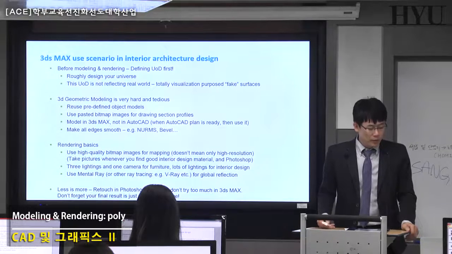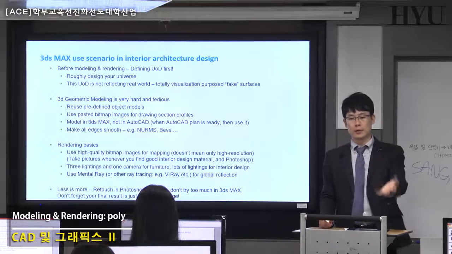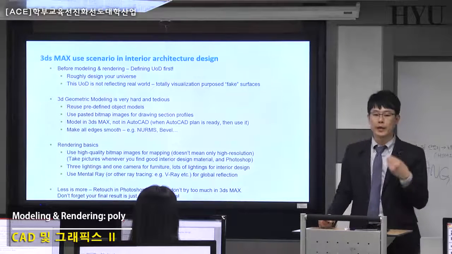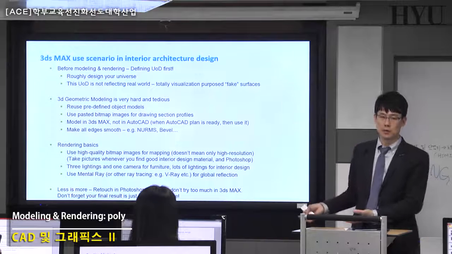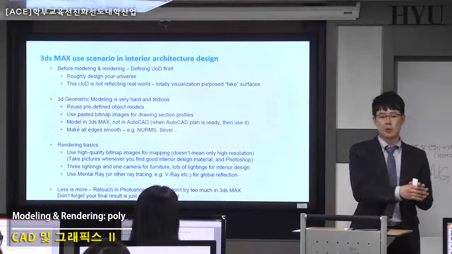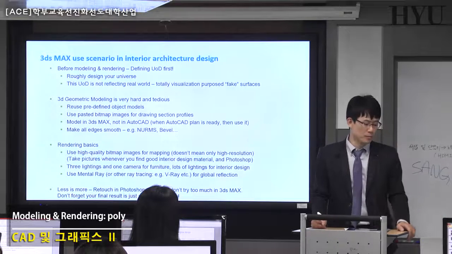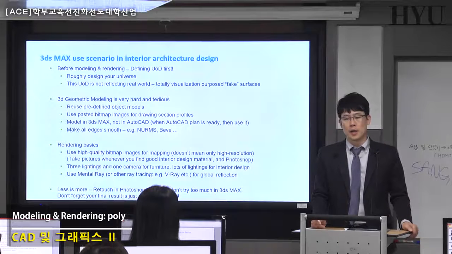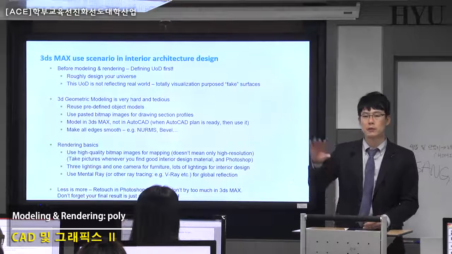And also rendering, something complicated, but I told you, take maximum advantage of mental ray and Autodesk materials and your own pictures rather than using some complicated features. But at the end, you have to control very sophisticated options in the renderer.